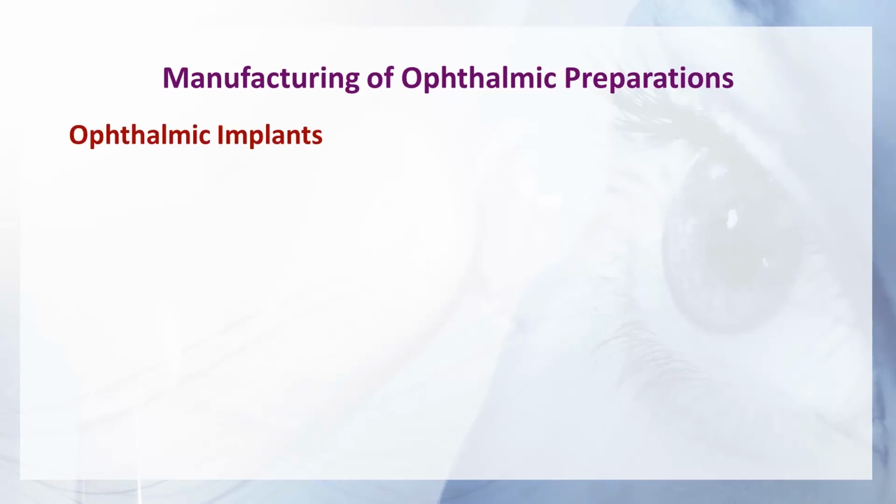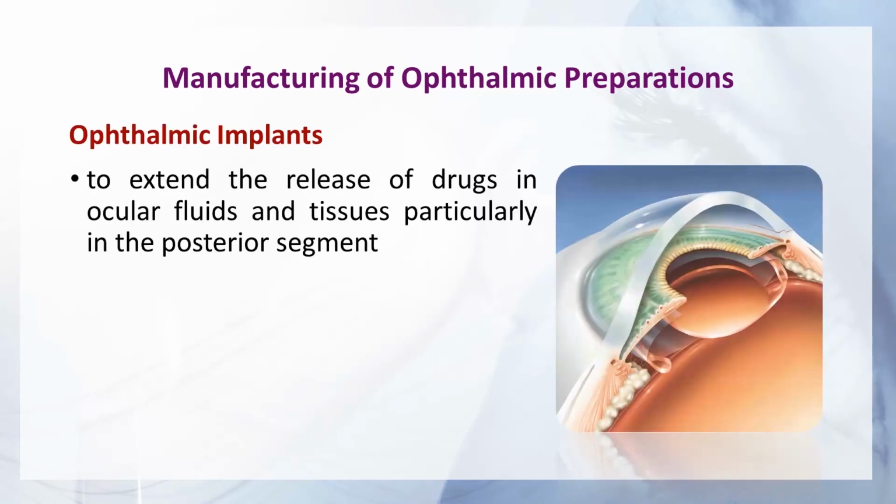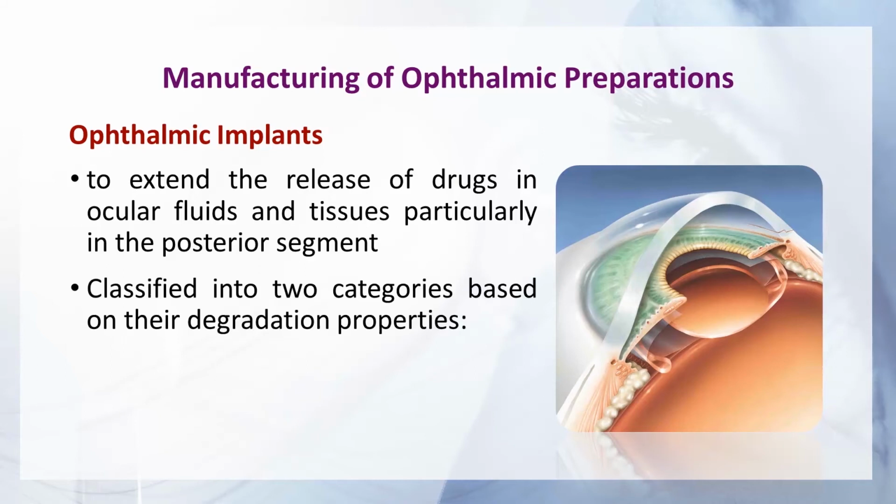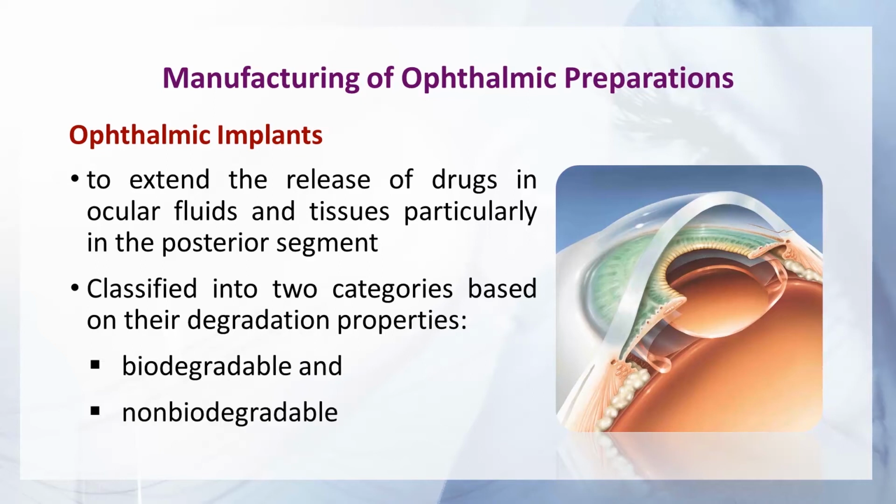Now, the next category is ophthalmic implants, to extend the release of drugs in ocular fluid and tissues, particularly into the posterior segments. Implants mean we have to plant them there. On the basis of their degradation property, we can classify these implants into two categories. Number one is biodegradable and second is non-biodegradable.